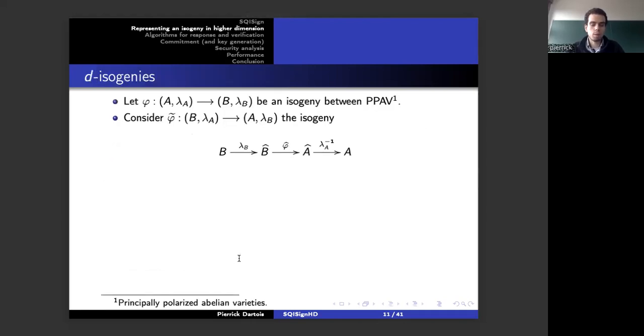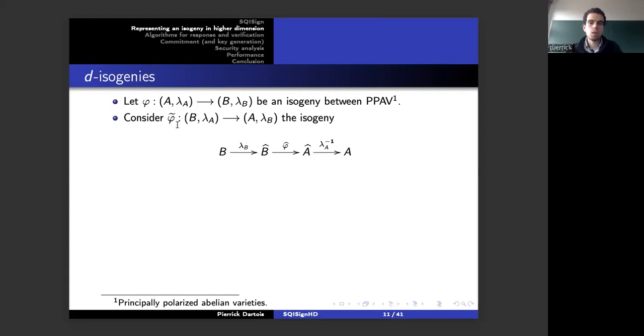So now we go concretely into higher dimension. And I just recall what a d-isogeny is in general in higher dimension, because it's a bit different from dimension 1. So let's say that we have an isogeny between principally polarized abelian varieties. That means that the polarizations are just isomorphisms between the varieties and their duals.